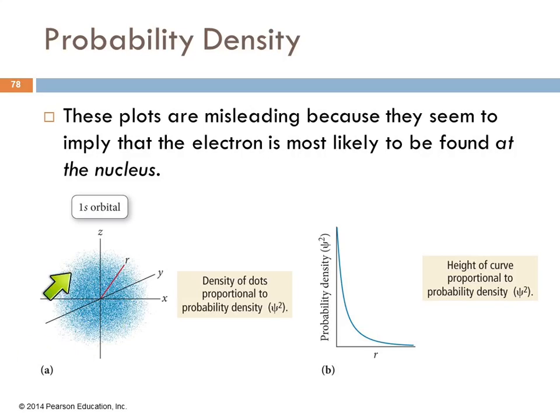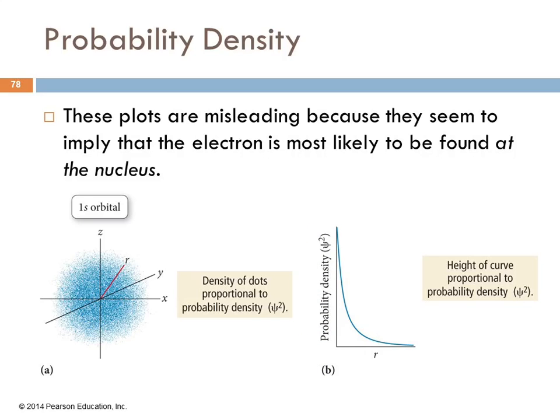So the multiple exposure would give us something like this, where we'd see that the probability of finding the electron is greatest near the nucleus. The probability of finding the electron over here is very, very small. And if we look at the graph, probability density as a function of radius, we see that the probability is highest at the nucleus.